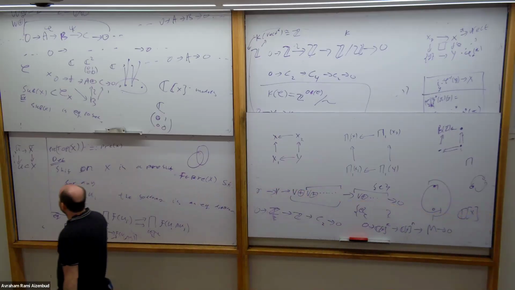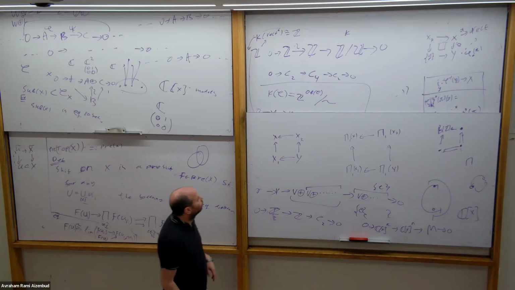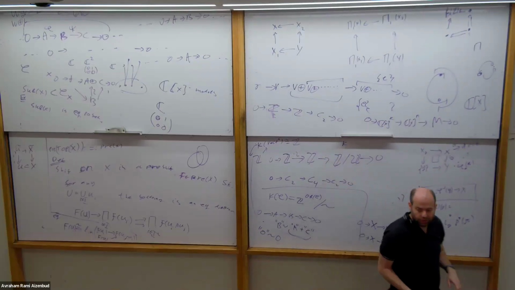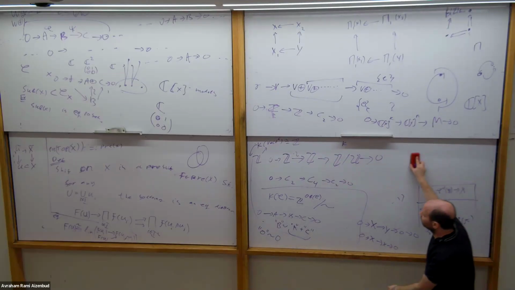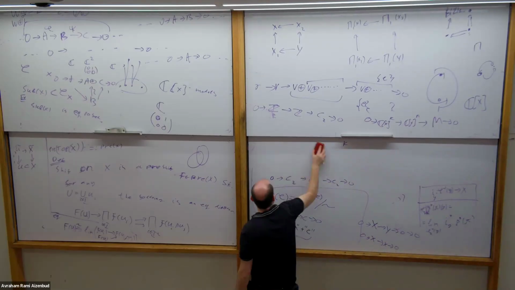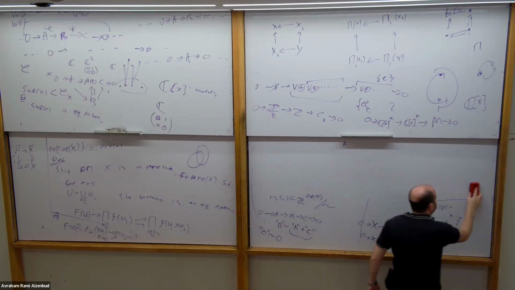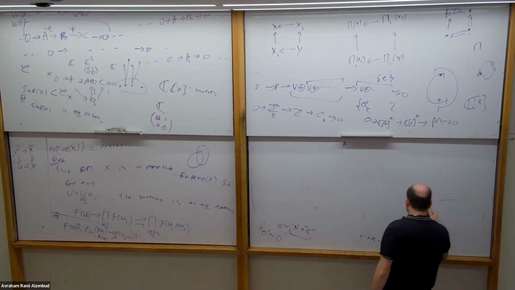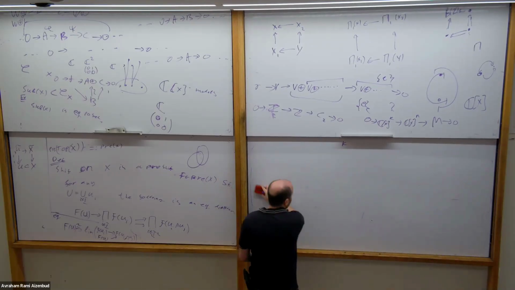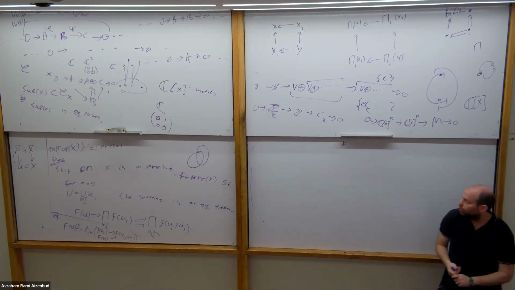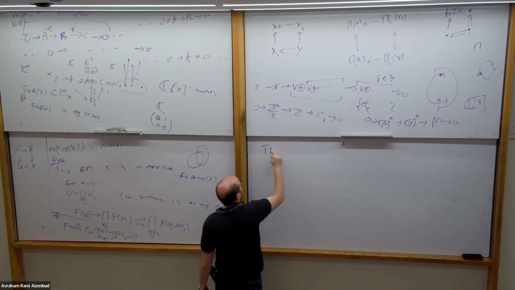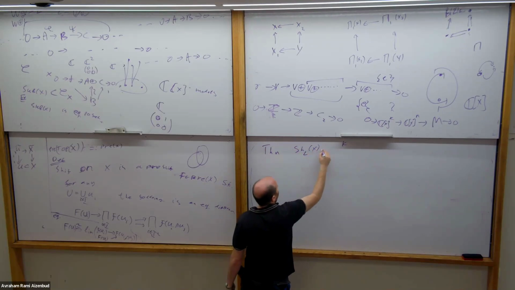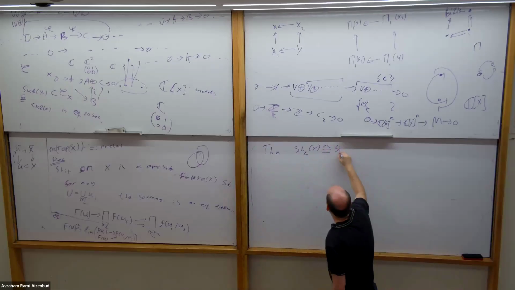So now a nice theorem. Now let's think about what makes sheaves and Laura sheaves. A nice theorem is that they are equivalent. Theorem: Laura sheaves on X is equivalent to Gaussian.